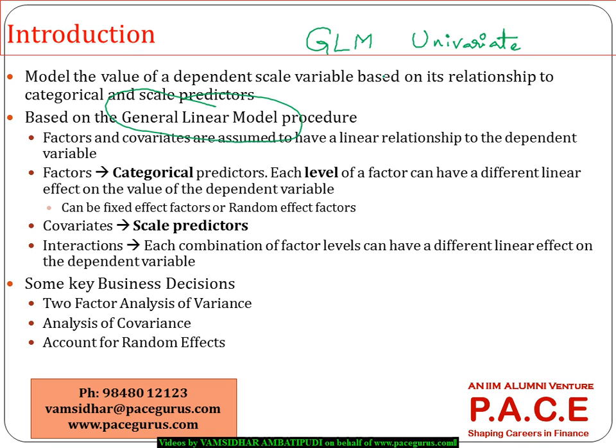It comes under the group of general linear models, wherein it models a dependent scale variable based on its relationship to categorical and scale predictors. So basically, whatever we would like to do the mean comparison of, we take that as a dependent scale variable, and in case of two-way analysis of variance, we require two categorical independent variables.